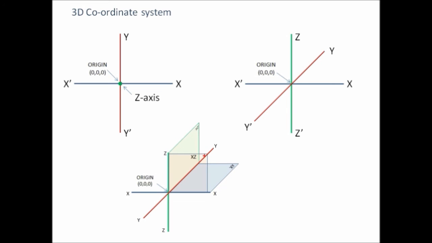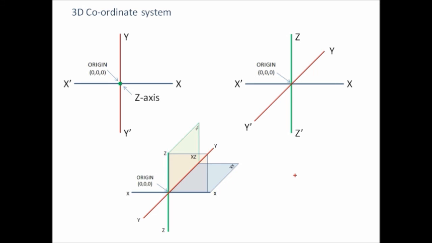Similarly, when a plane is created passing through y-axis and z-axis, it is called yz plane. Similarly, when a plane is created passing through z-axis and x-axis, we will call it xz plane. These three planes are mutually perpendicular to each other. So, by this we have seen that in any 3D coordinate system, there are three axes and three planes passing through the axes.